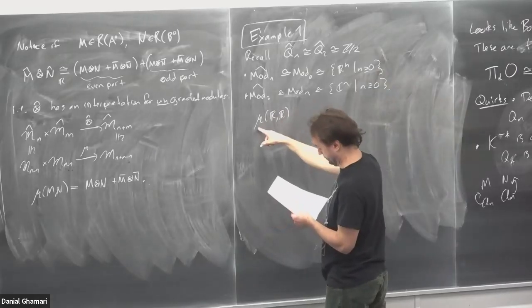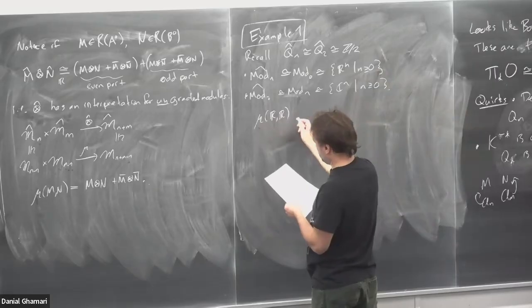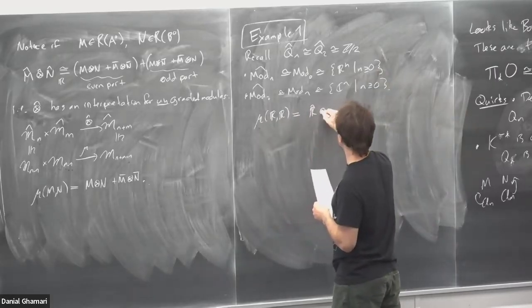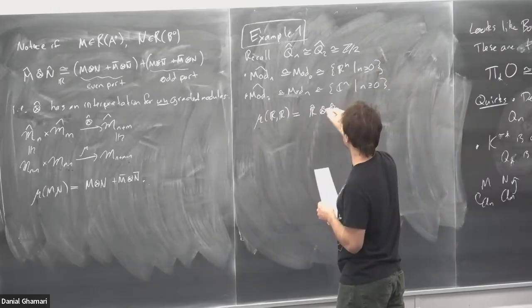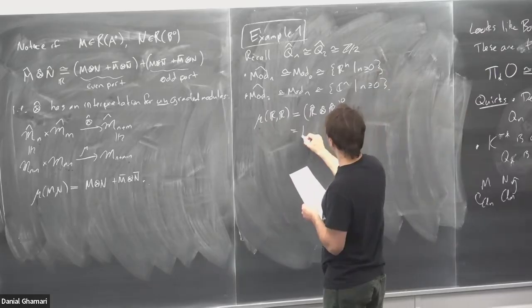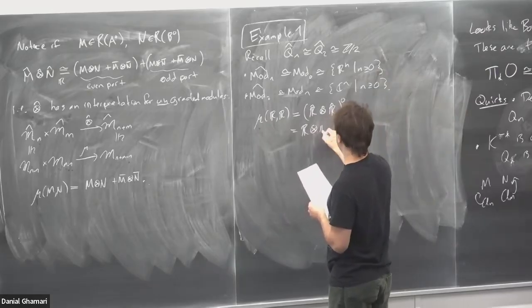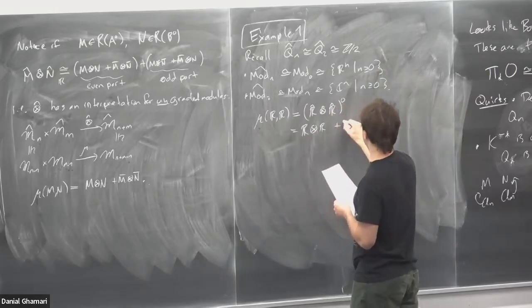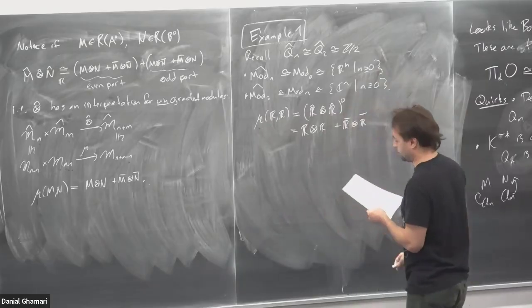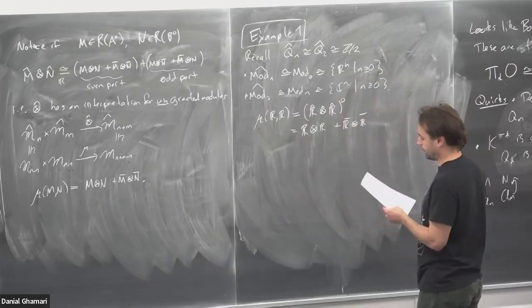So the formula tells us that we should take R hat, tensor R hat, and then take the even part. And we saw that this was given by R tensor R plus R bar tensor R bar. But what is R bar in this case?